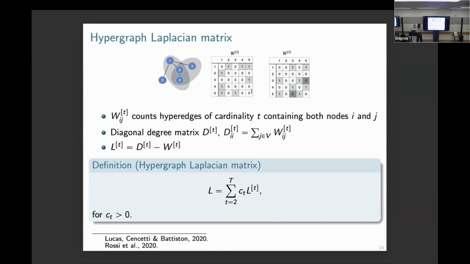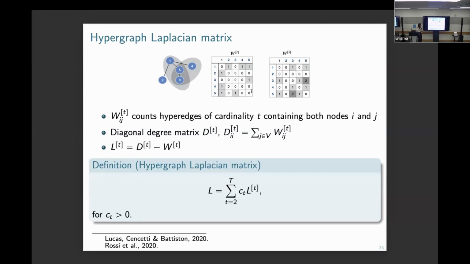And by taking a linear combination of all orders of hypergraph up to cardinality T, we get the hypergraph Laplacian matrix. This C_T is a positive coefficient just to allow for tuning the importance of different cardinalities.